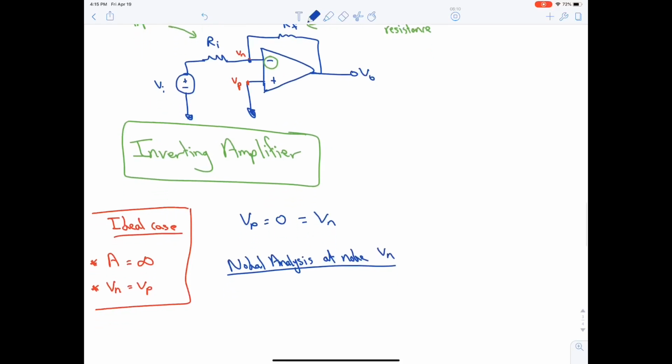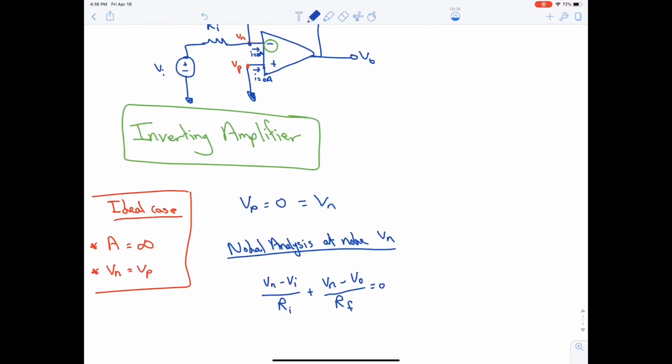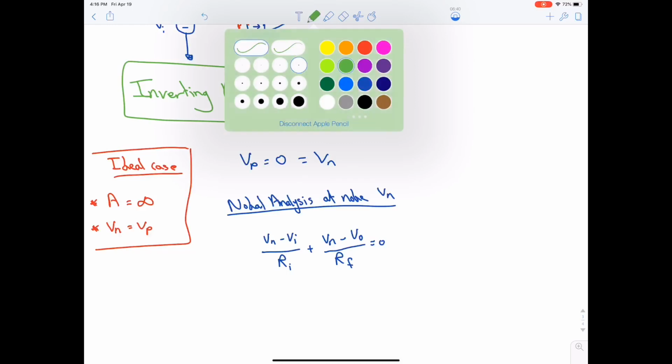So it will be Vn minus V input divided by R input, plus Vn minus V output over Rf, equal to 0. And note that the currents being inputted to the amplifier are also equal to 0. They are always equal to 0, again in the ideal case. So here Vn, we said, is 0.